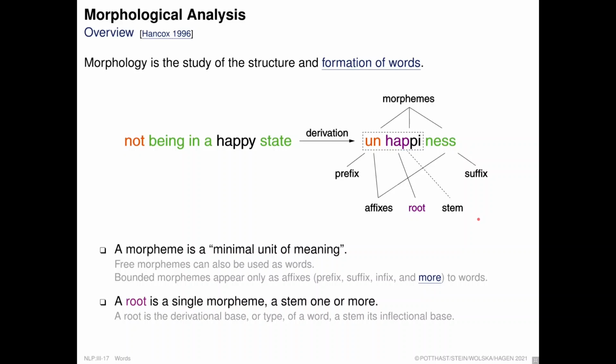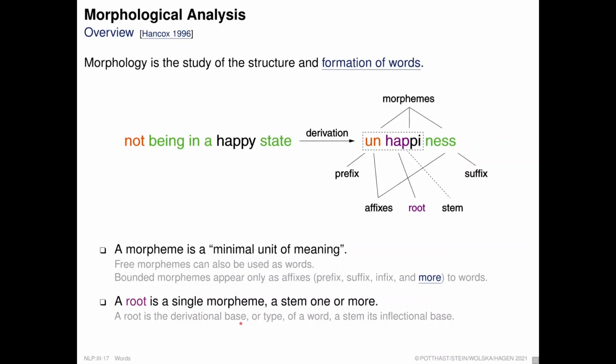We could say, for the purpose of this lecture, I will adopt a specific terminology where a root will be used to denote a single morpheme, which is not further decomposable. Whereas stem will be a morpheme which can be further decomposed, except stem will not include affixes of grammatical function. So root, as you can see here, is a derivational base.